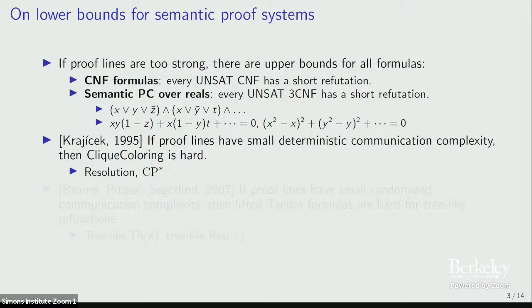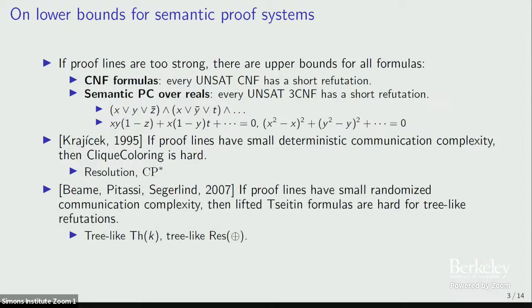For example, it gives a lower bound for resolution and for cutting planes with small, unary coefficients. It can be extended, but it's not so important. If proof lines can be computed by randomized communication, then, for example, lifted Sat formulas are hard for tree-like refutation.